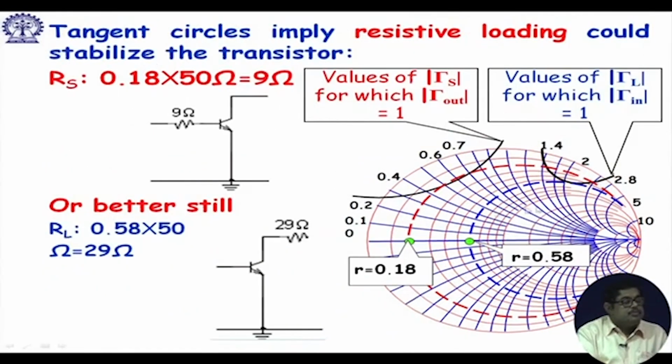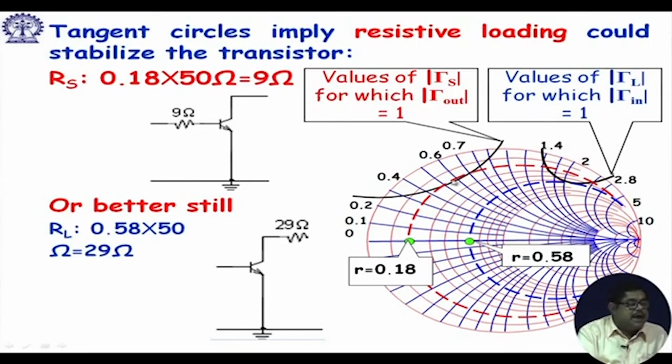Now how can we do that? If we want to give resistive loading, suppose this is my input stability circle and this is my output stability circle. Now I see all these constant resistance circles.